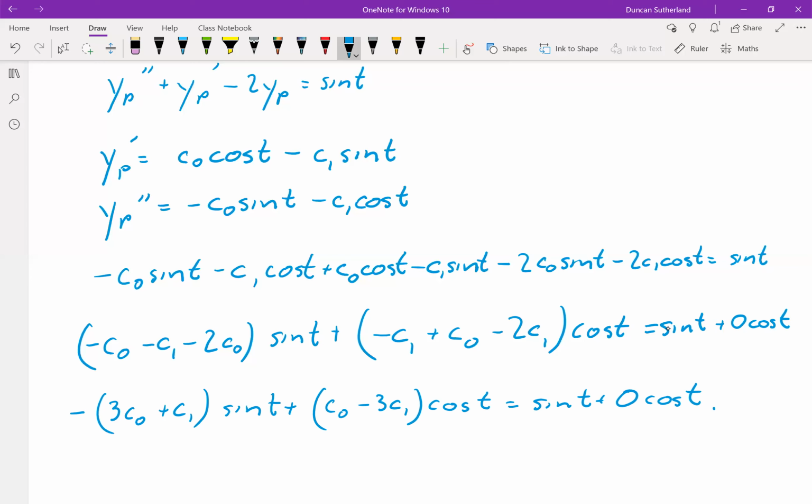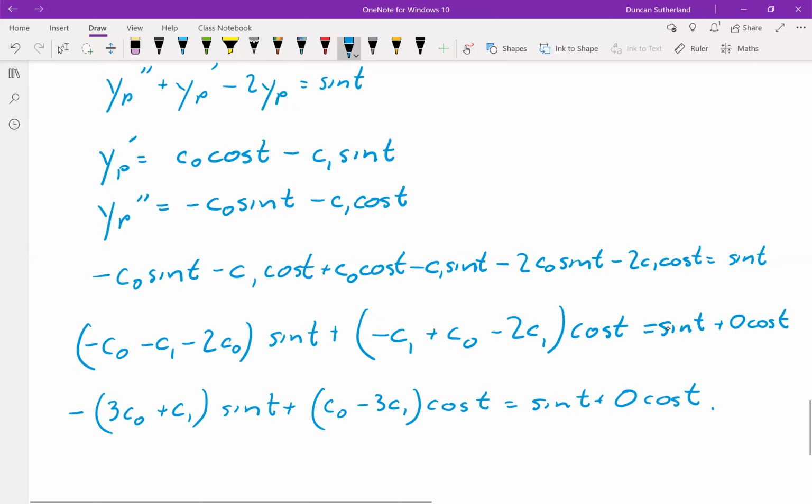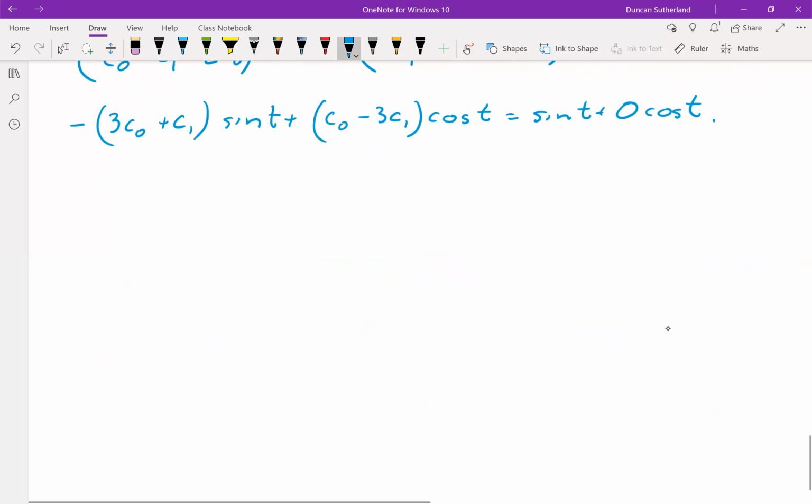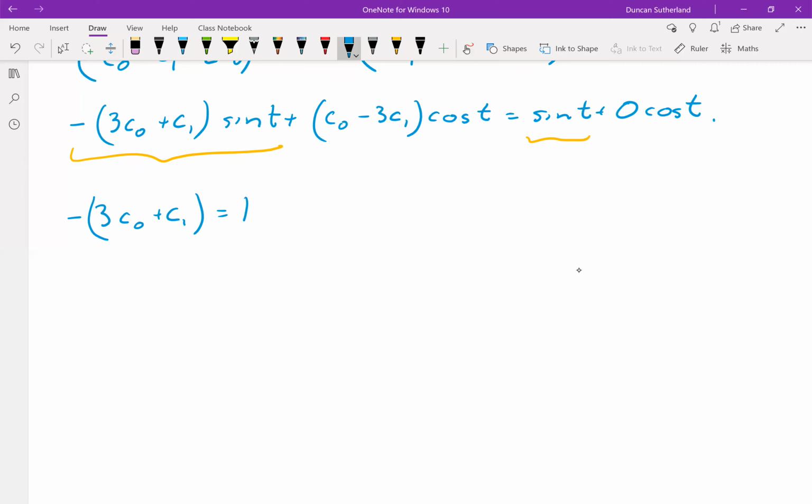Looks all right. Okay, so we equate the sine with the sine and the cosine with the cosine to get these two simultaneous linear equations.